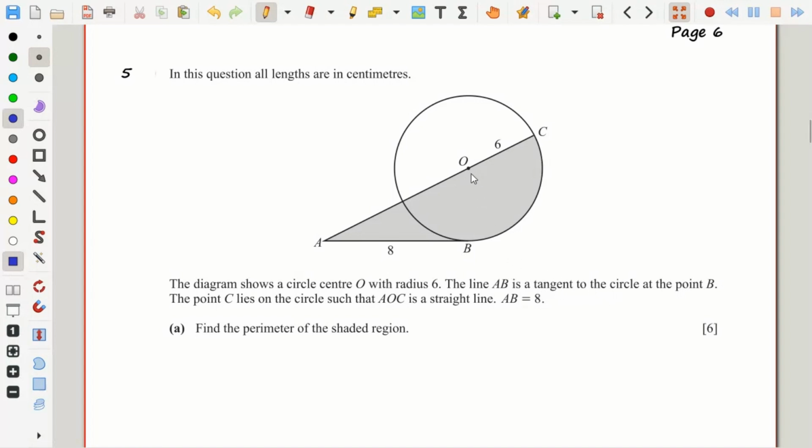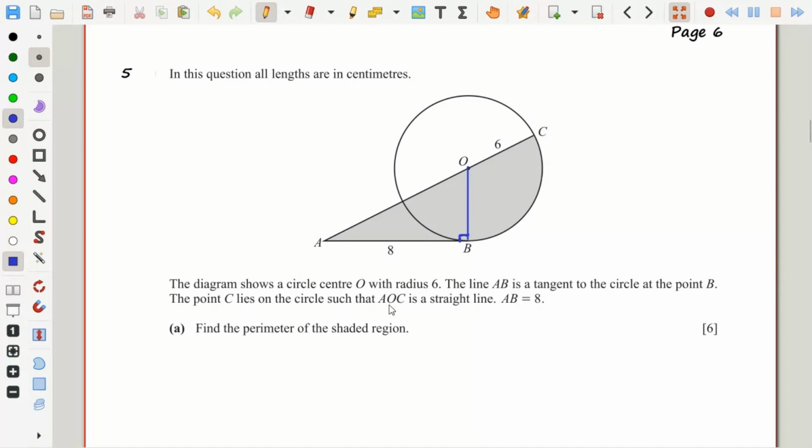Okay, so if that's the case, can I connect this side? Yes. Let's see what will happen. So if AB is tangent to the circle, that means that this side is 90 degrees. If you want to know why, you can refer to my first video on concepts. The radius always meets the tangent at 90 degrees.